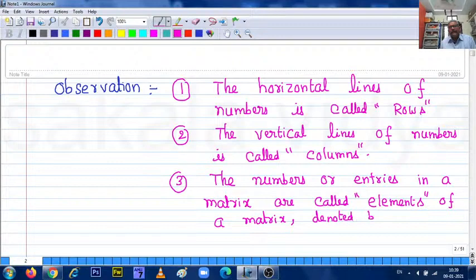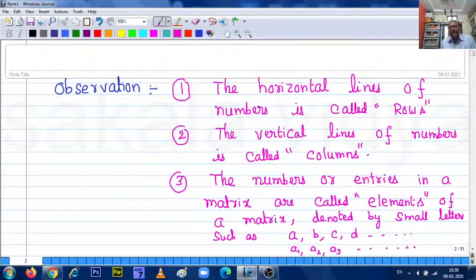Generally they are denoted by small letters, such as a, b, c, d and so on, or a1, a2, a3 and so on.